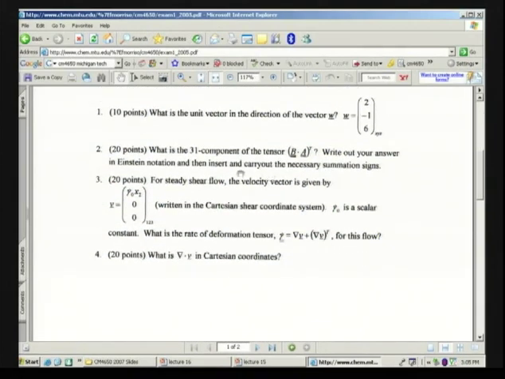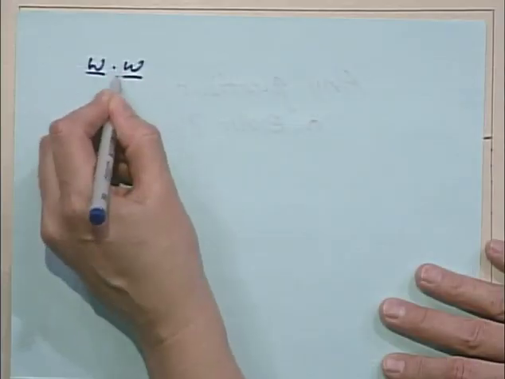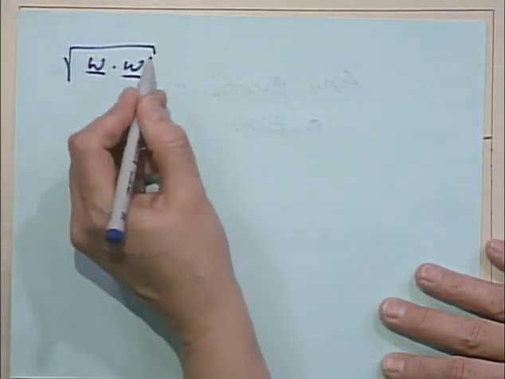Here's the first one. What is the unit vector in the direction of this one? Do you know how to do that? Correct. The magnitude of a vector is itself dotted with itself, take the square root.